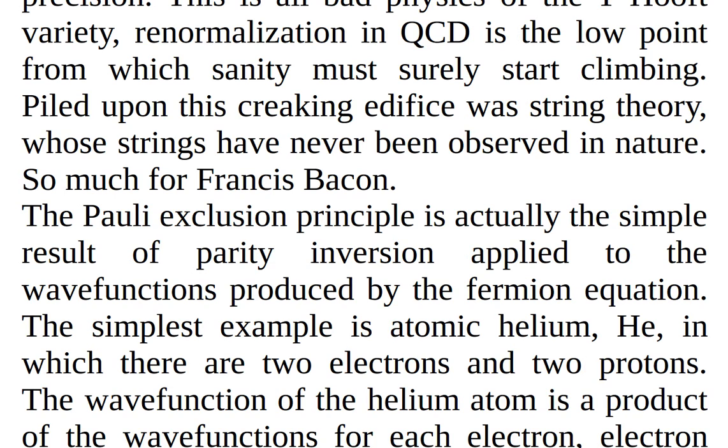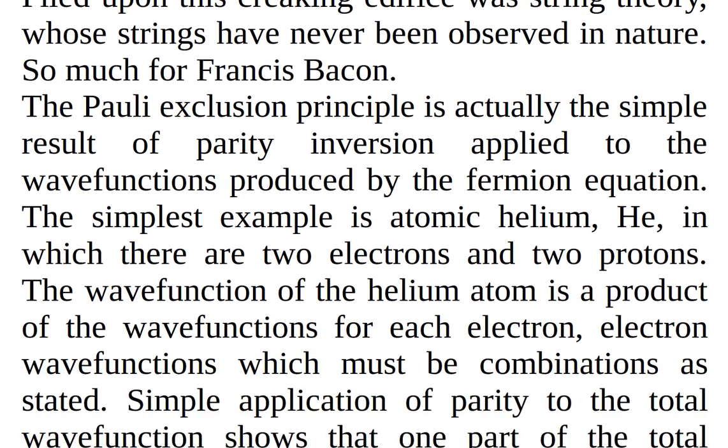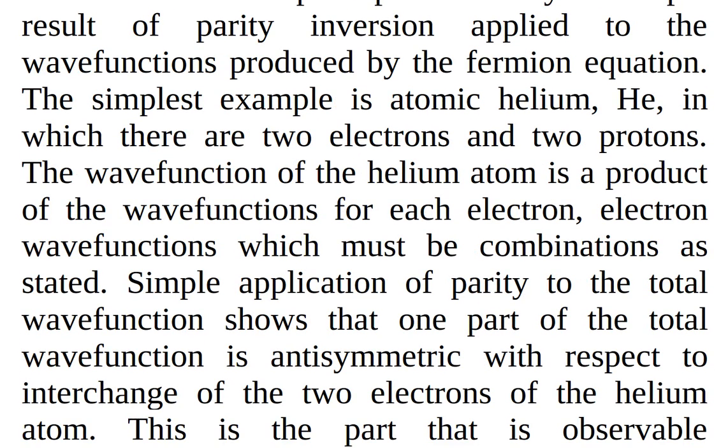The Pauli exclusion principle is actually the simple result of parity inversion applied to the wave functions produced by the Fermion equation. The simplest example is atomic helium, in which there are 2 electrons and 2 protons. The wave function of the helium atom is a product of the wave functions for each electron, which must be combinations as stated.